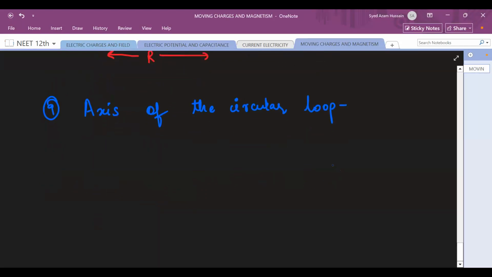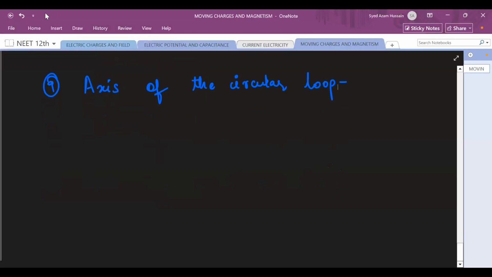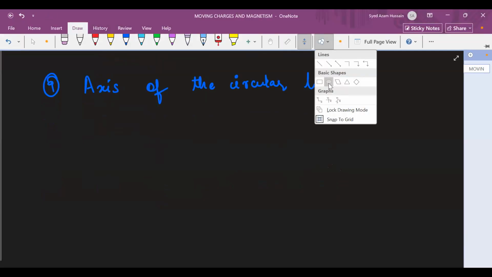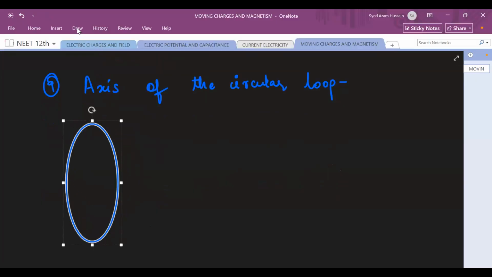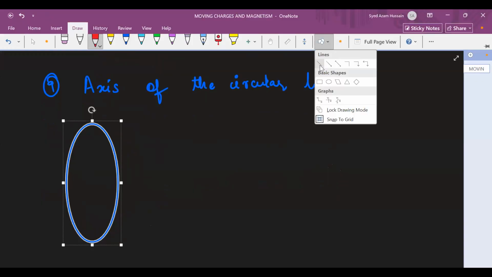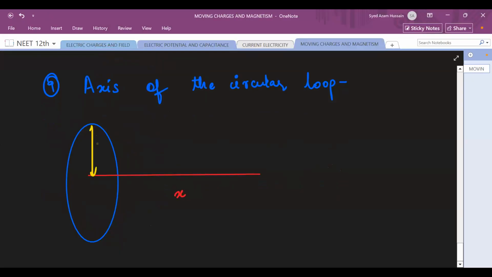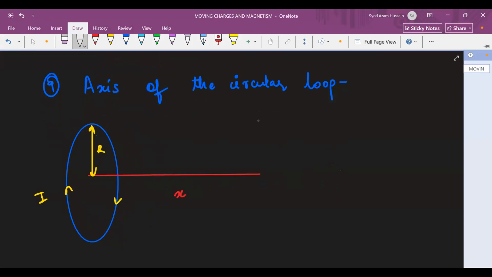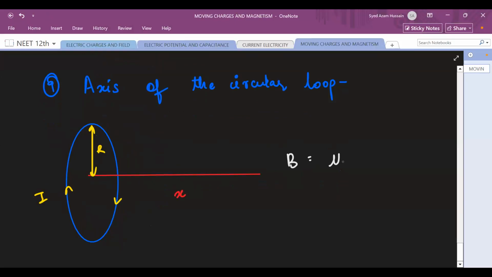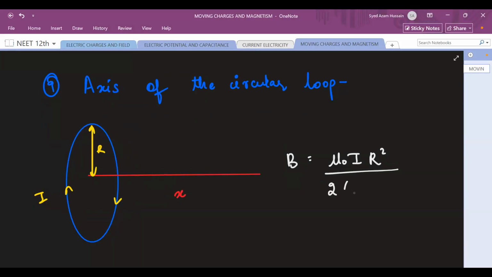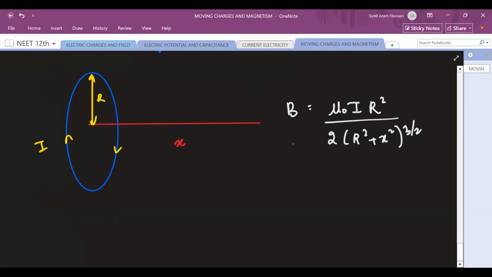So when we talk about the axis, we have the axis as x, and let's say the radius is capital R, and the current moving is I. So B is equal to mu naught I capital R square divided by 2 times capital R square plus x square to the power 3 by 2. That's the axis.